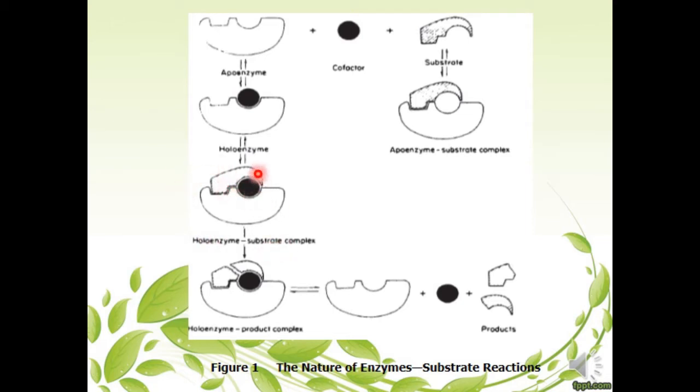So this is the lock and key concept. It has to have the right shape in order to react with the enzyme to form the complex. And after formation of the complex, it will detach from the holoenzyme after forming the products. What is left behind is the original apoenzyme and cofactor.